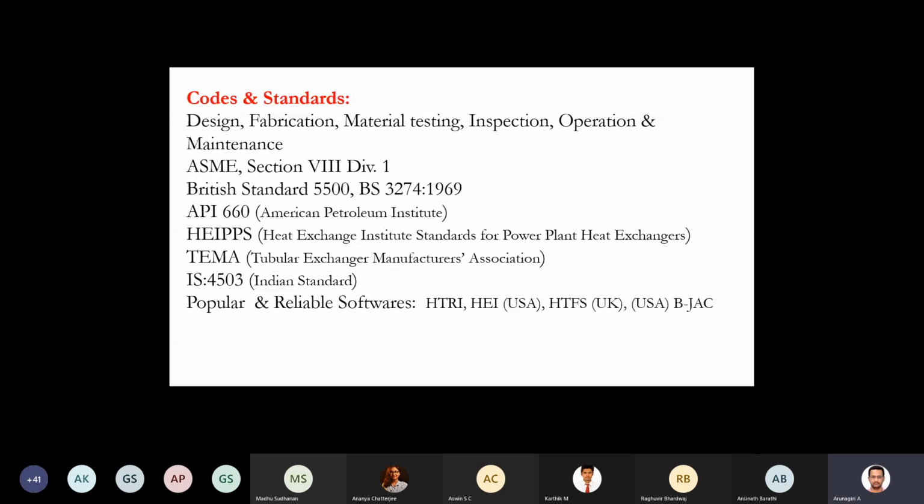Then how to inspect the joints for leakage purposes, or how to inspect the metal surface or thickness of metal, whether it has any cavities, using non-destructive techniques. Because if the material is not uniform, it leads to so many problems.